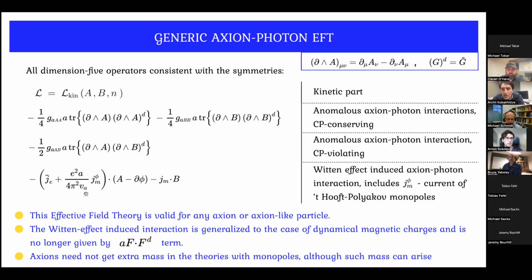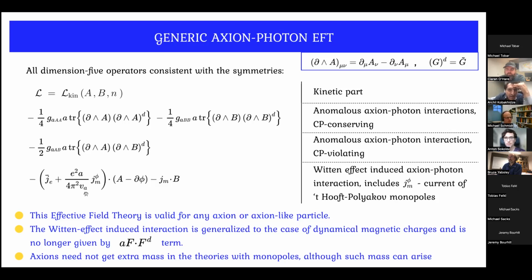Yes. Okay, one more question. You mentioned grand unified theories, so can you imagine a situation where this Zwanziger Lagrangian is a large distance approximation of grand unified monopoles or non-abelian 't Hooft-Polyakov monopoles?